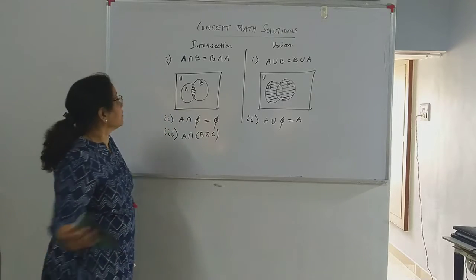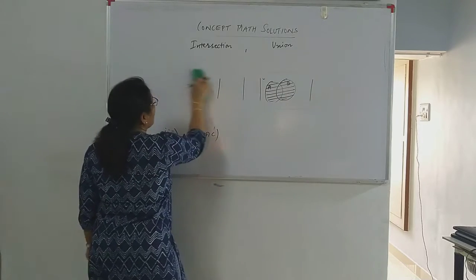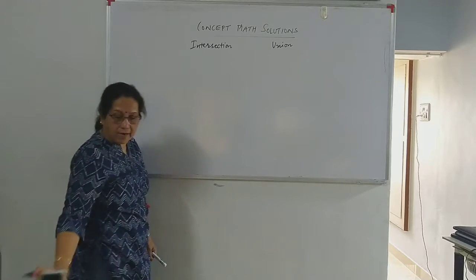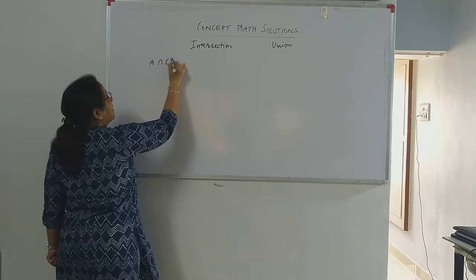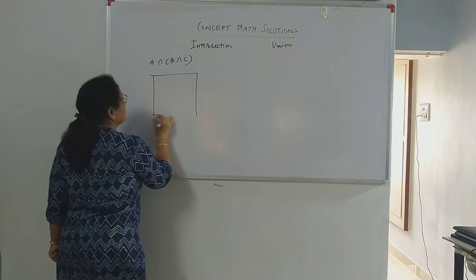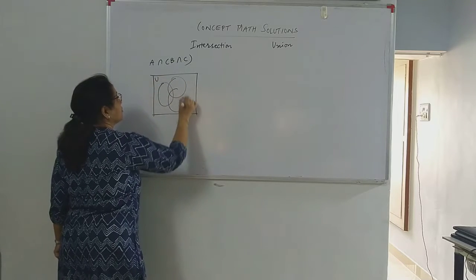So for the associative property of intersection, I would be drawing again the Venn diagram. First is A intersection B intersection C. What I will do is first shade the B intersection C portion.